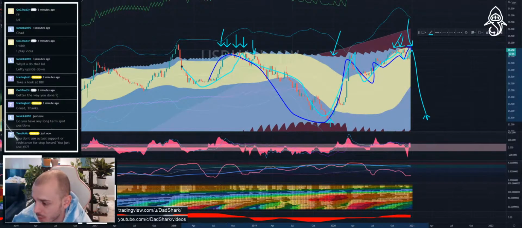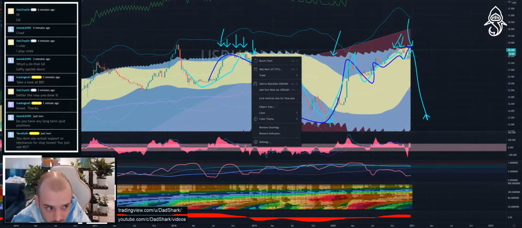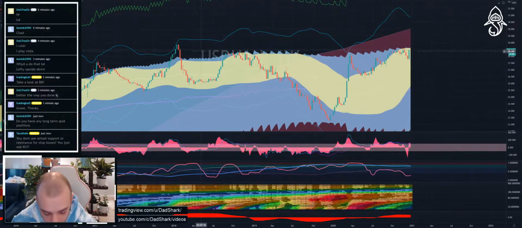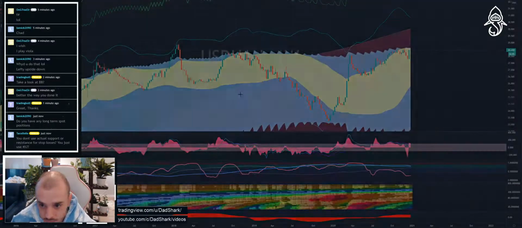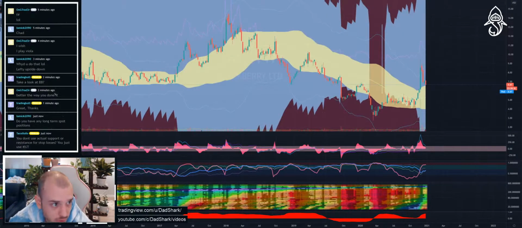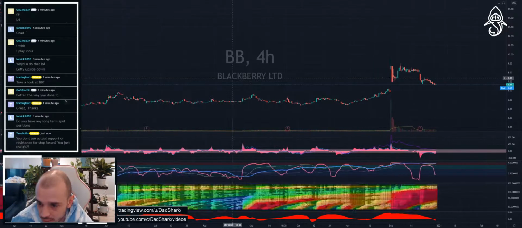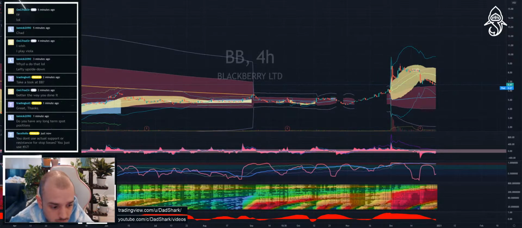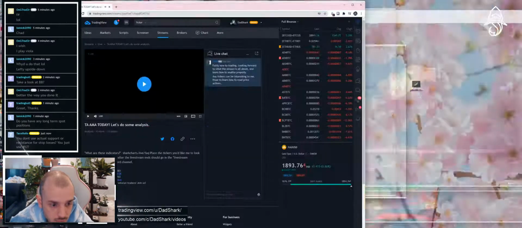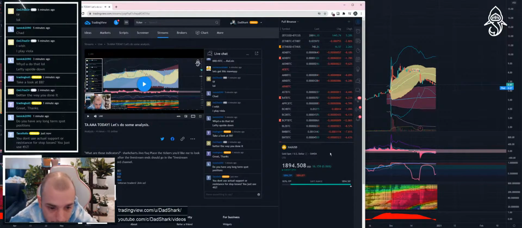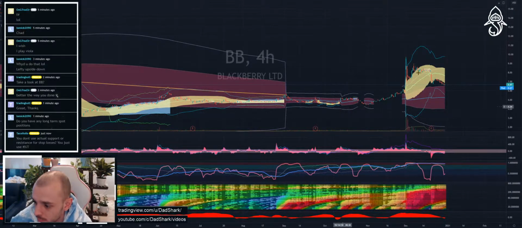You don't use actual support or resistance for stop losses? No. I'll look at them. So like, it's really only relevant for understanding where the liquidity is. Oi! Stop that. Like, what would actual support be here?